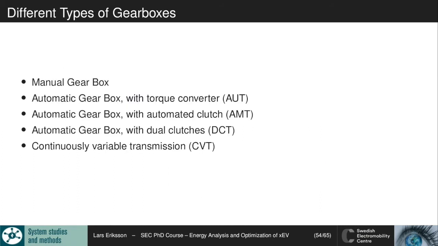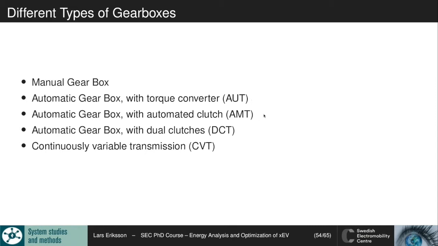Then we have the gearboxes that are more fixed. So we have the manual gearbox that most are probably aware of and have encountered. We have the automatic gearbox that has a torque converter, often called automatic transmission. That's like the American way, the American gearboxes.